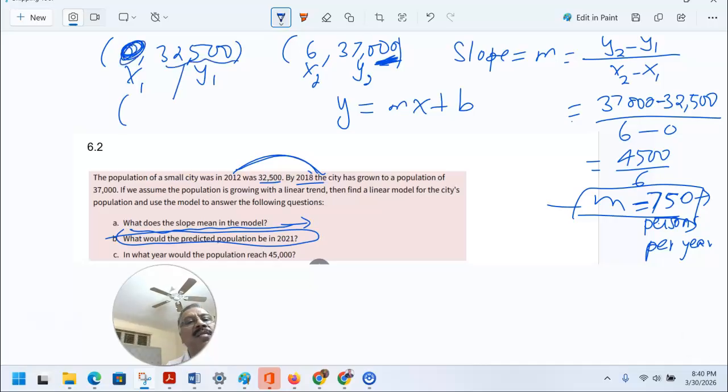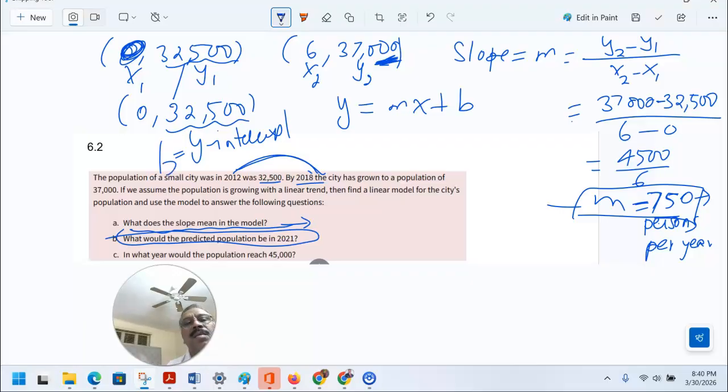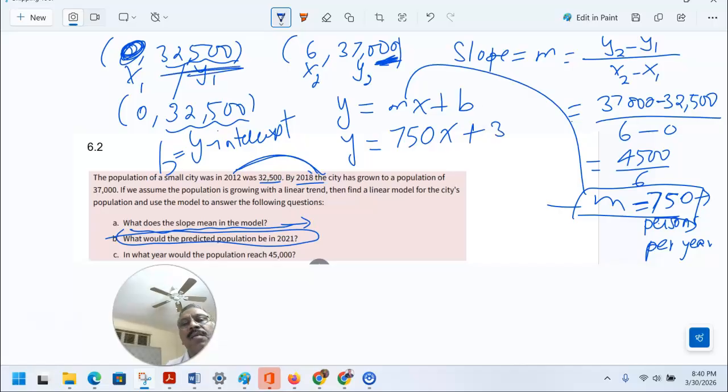When you write zero, the first number is zero, which means this is the y-intercept, which is b. So this is y equals 750x, and the b is 32,500, and you're done. That's the prediction equation.